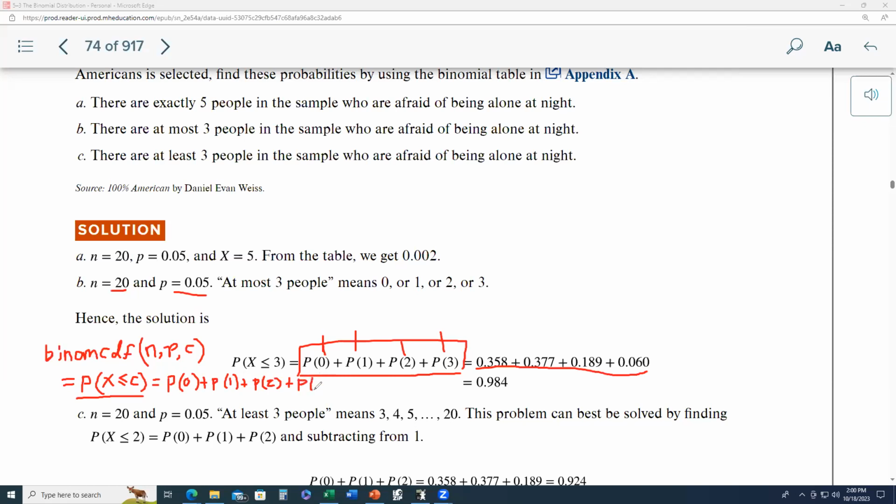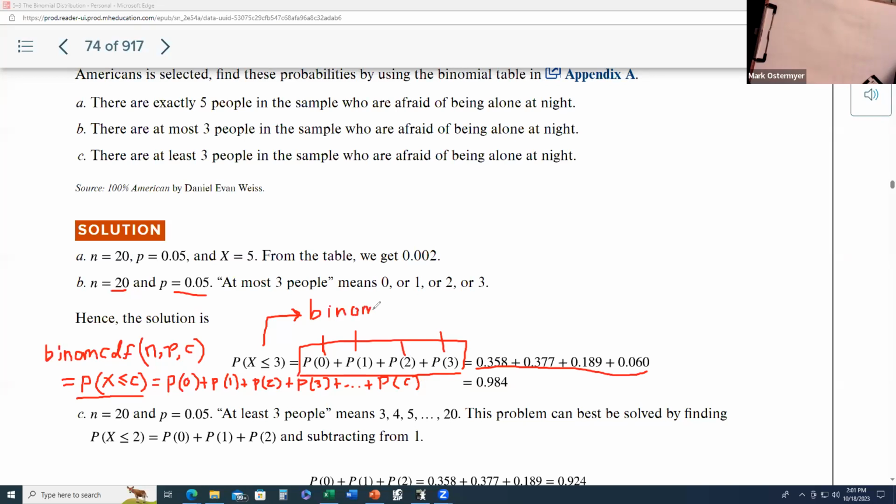Plus, dot, on and on this goes, up to the probability of having c successes. This function is a lifesaver. It saves you a ton of time. Because to compute this probability, instead of having to compute 4 different binomial probabilities, 1 for each of these, 0 successes, 1, 2, and 3 successes, you know how we could compute this probability? It could have been computed a lot quicker had we just grabbed our binom CDF function.